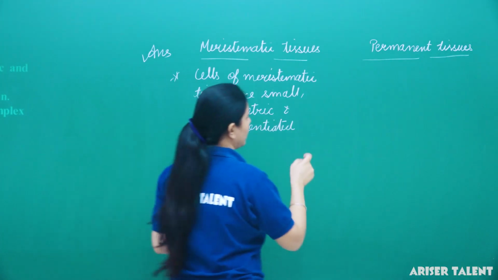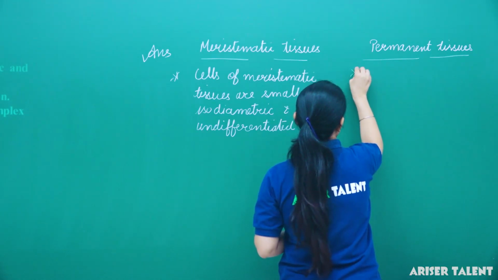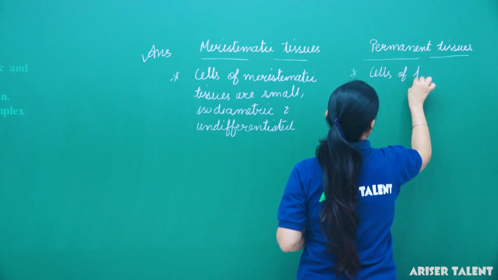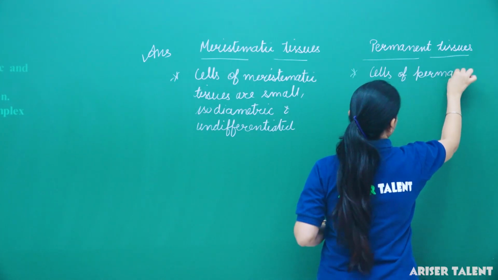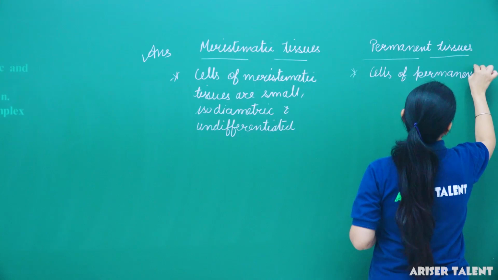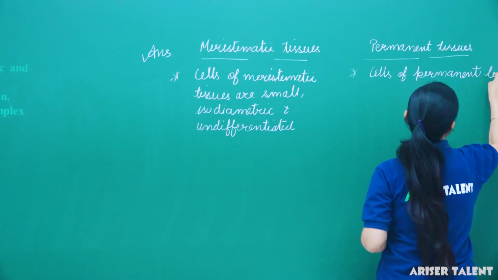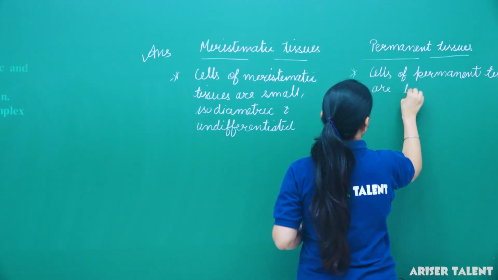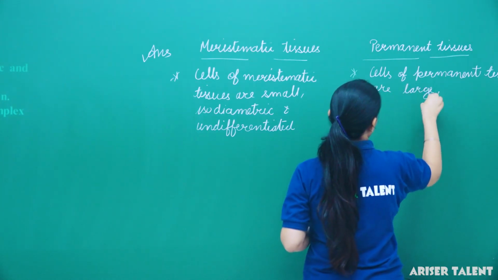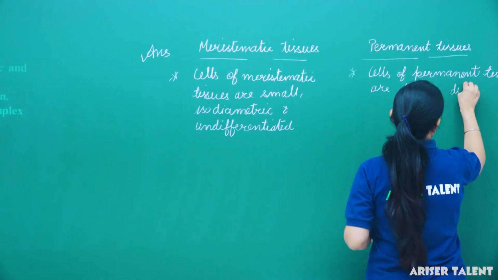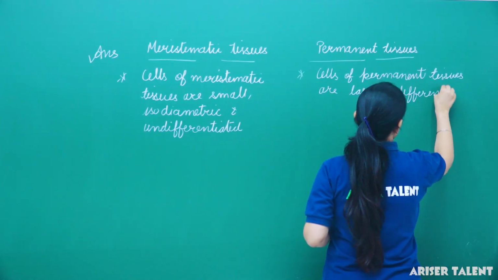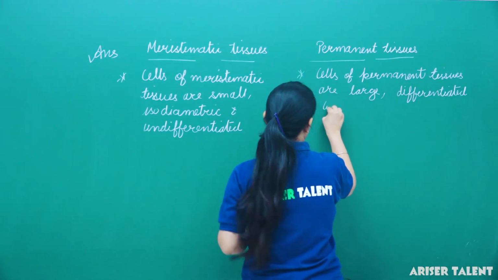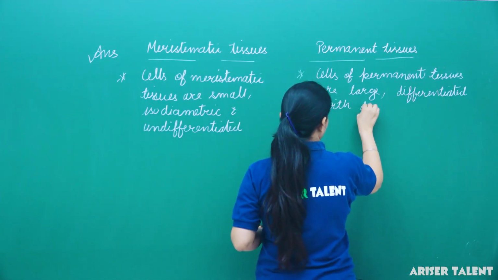And here in the permanent tissues, cells of permanent tissues are large, differentiated with different shapes.